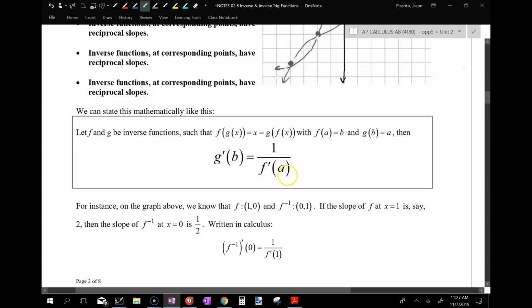Okay. I don't know what we're going to do with that quite yet, but we'll find out. Cool? All right, so we're going to star this. This is going to be important. Again, right now you don't know what you're going to do with it, but let's assume it to be true.